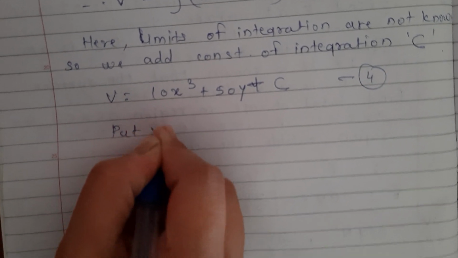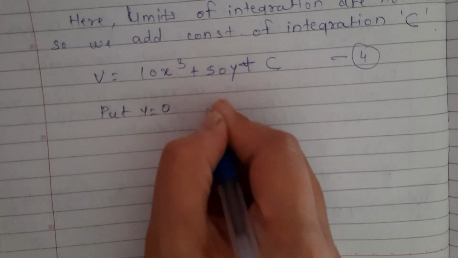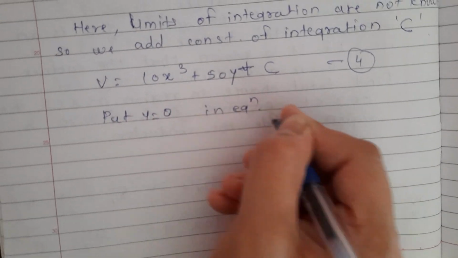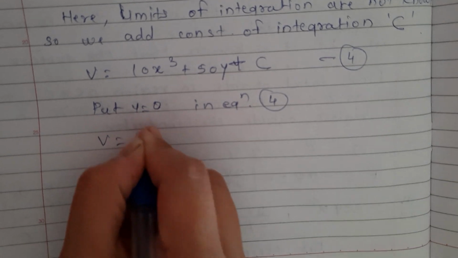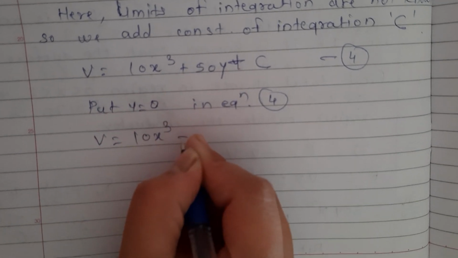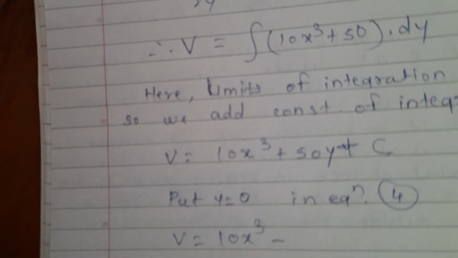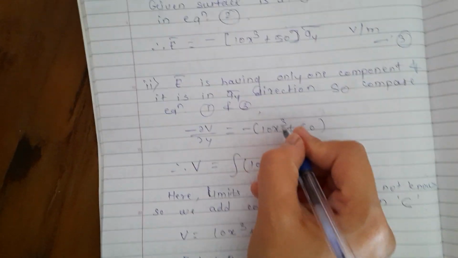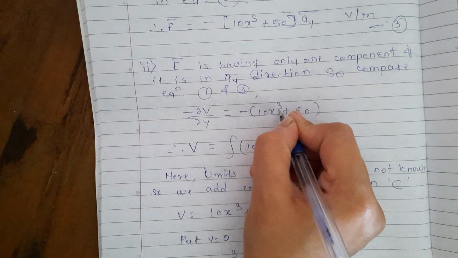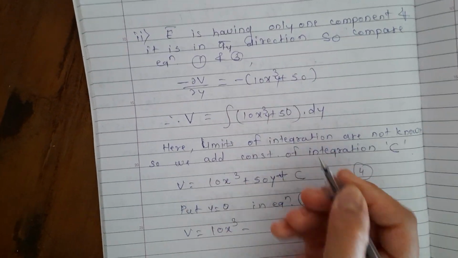Now put y is equal to 0 in equation 4. There is one mistake, it is 10x cube y, here it is y.